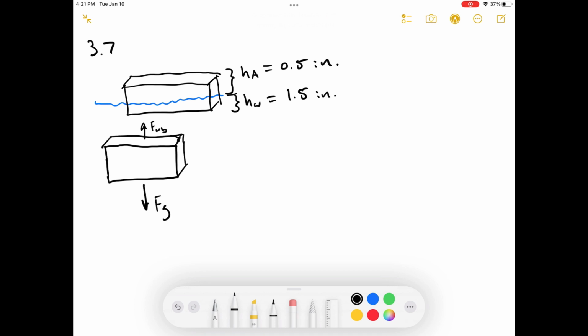And I am going to make an assumption here that the buoyancy of the block in the air is negligible compared to the buoyancy of the block in the water. And so there's no buoyancy force, even though it's in air. At least 0.5 inches of it is in air. Air is about 1,000 times less dense than the water, and so we'll just assume that that's negligible for this calculation.